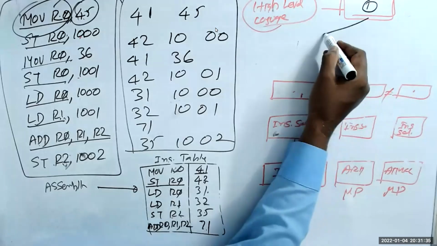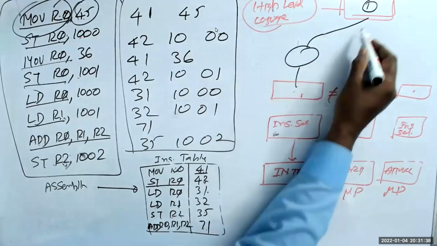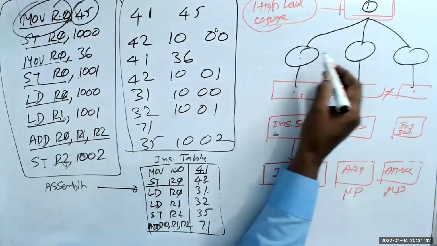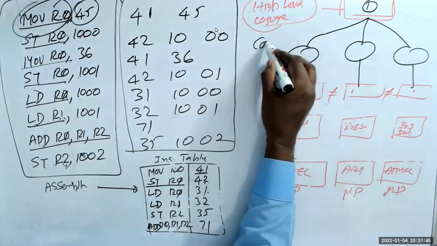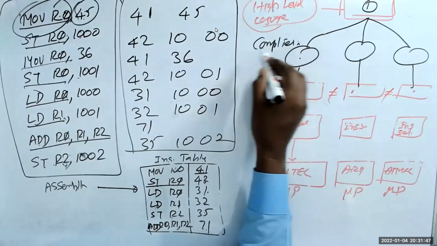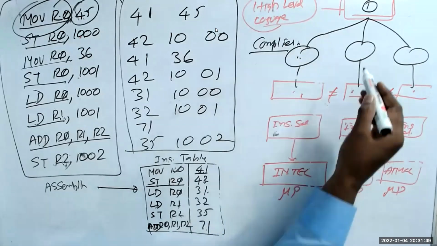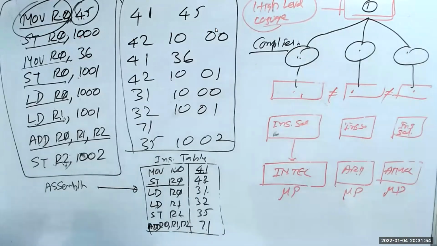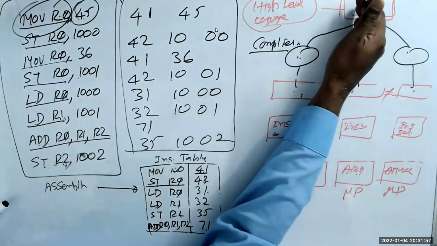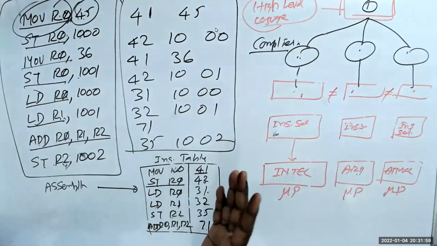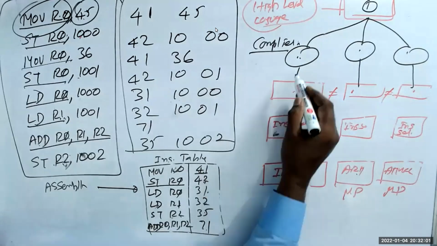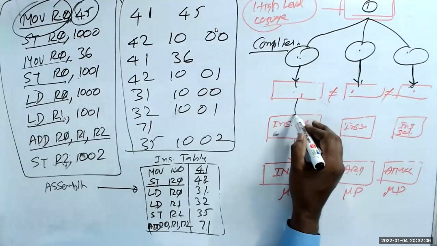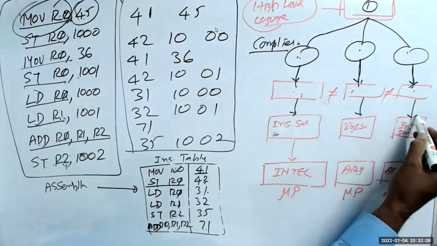But I use different translators to translate it into each one. These are called compilers. This is called the Intel compiler. This is called the ARM compiler. This is called the Atmel compiler. They convert your high-level language, either C or C++ or Java, whatever it is, irrespective of the assembly language, and then they refer to the instruction set, and this is assembly language.